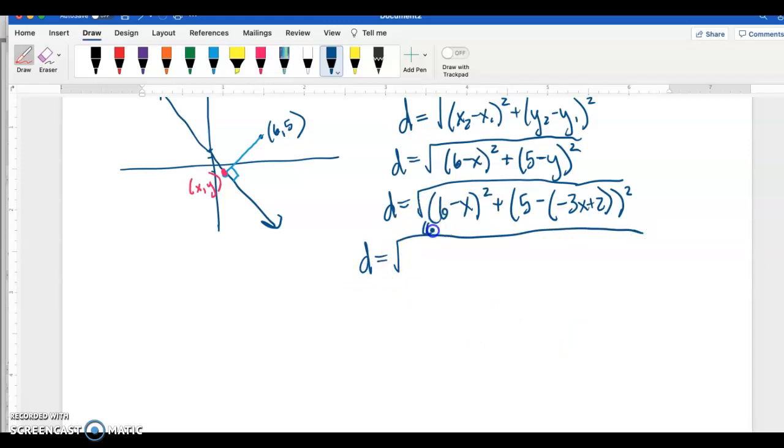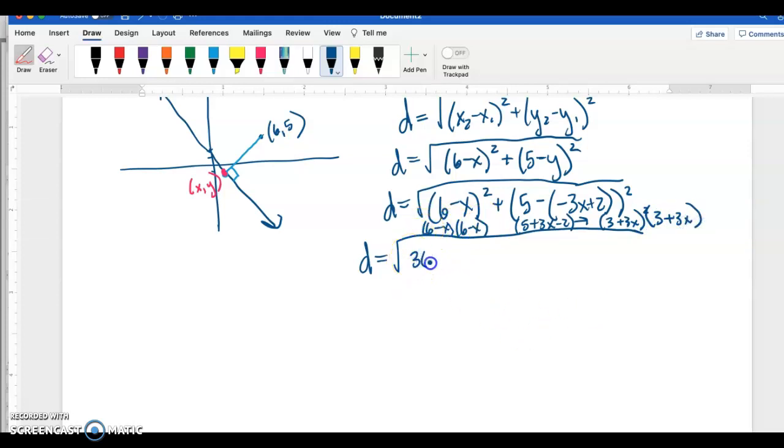Okay, now we just need to make sure we do some proper foiling. So I'm just going to make myself a little note here so that I can do this appropriately. And let me simplify here. This is going to be 5 plus 3x minus 2, which then gives me 3 plus 3x. And that quantity is going to be squared, which means I need to multiply 3 plus 3x again. So let's FOIL the first set.